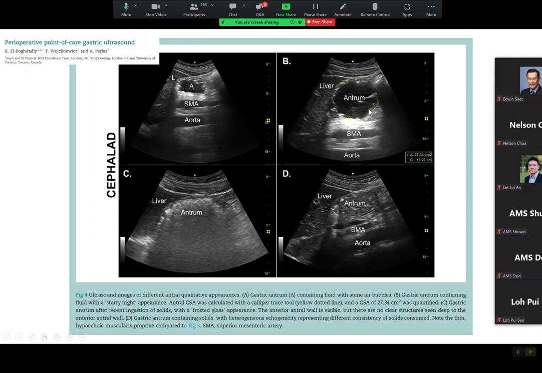You can measure the circumferential area, and this can give an indication of the volume of stomach contents. The image on the left here shows quite a ground glass appearance, which is consistent with mixed solid and fluid contents.